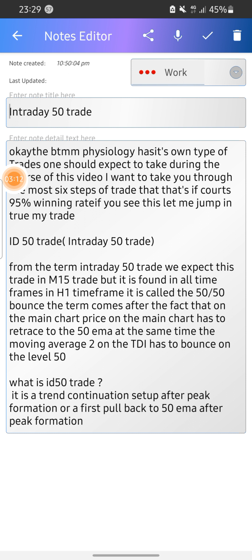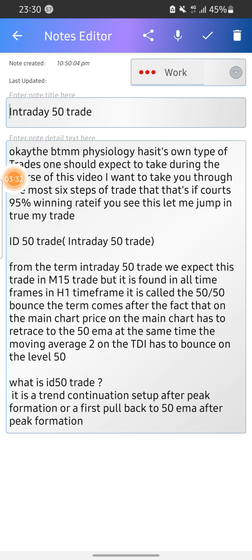I want to talk about the ID 50 trade, which is called the intraday 50 trade. From the term intraday, usually we find this trade on the M15 time frame.